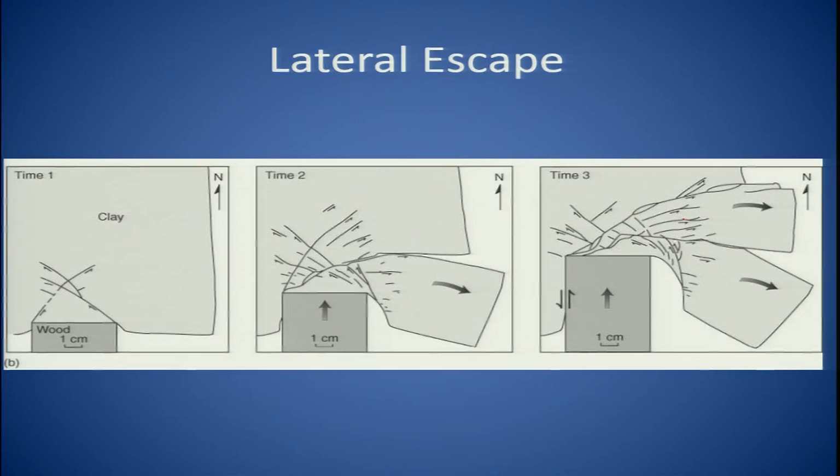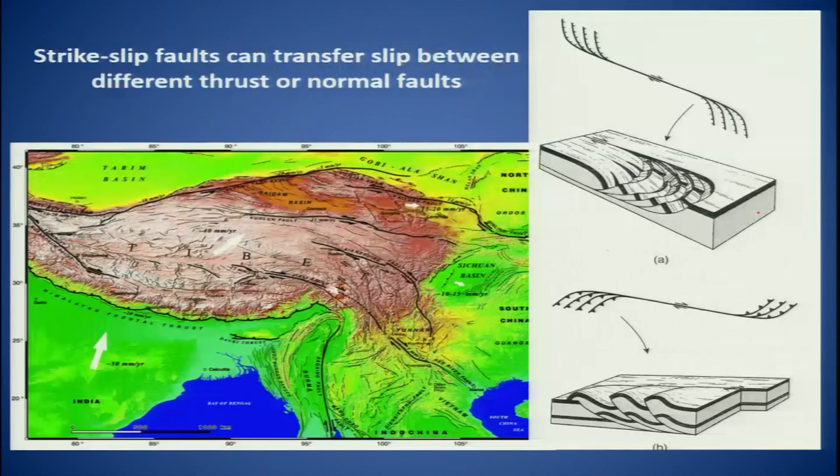So the portion showing movement in this direction is because of lateral escape. This is the escape portion, the portion of the Tibetan side which is extruding towards the southeast.